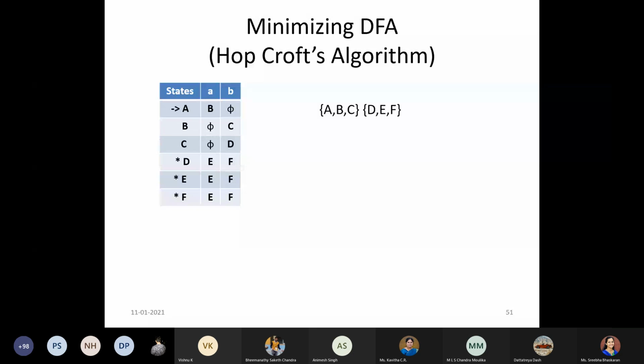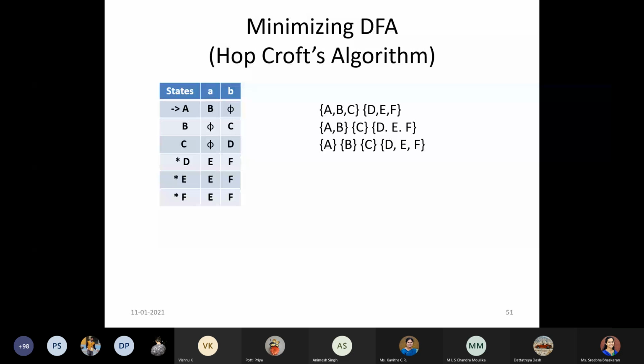Four states, no ma'am. A, B, C, and D, E, F grouped together. Yes, four states you will have. So first, if you are picking the first group ABC, then C will be taken in another group. AB will go together.